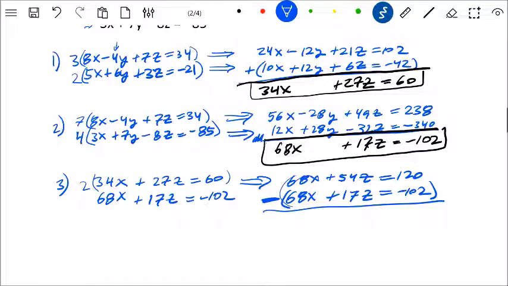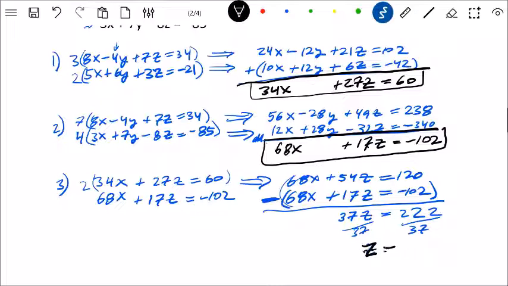And that gives me 54 take away 17. So it's 37z. And so it's going to be 120 plus 102 because of the double negatives. And when I divide both sides by 37, I get that z equals 6.